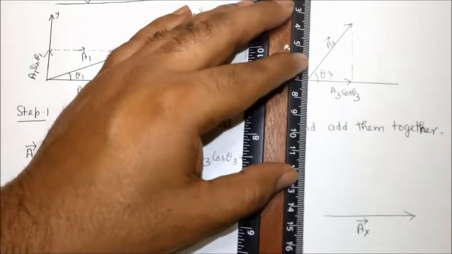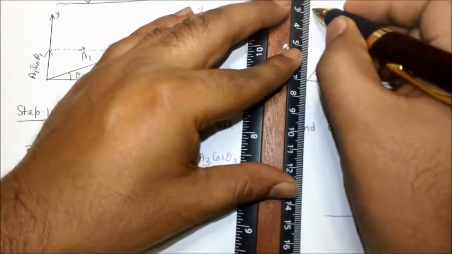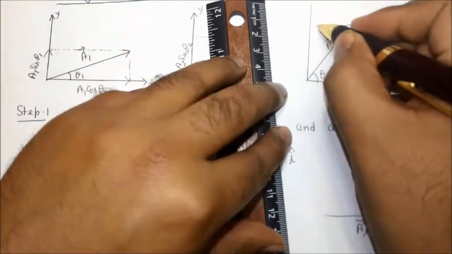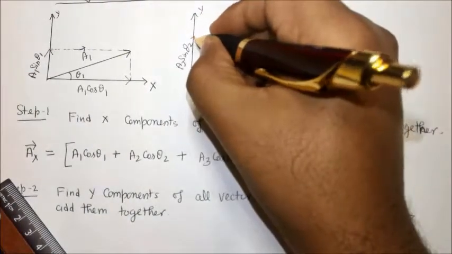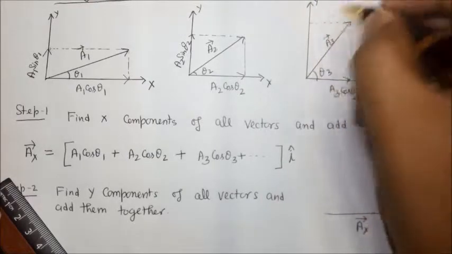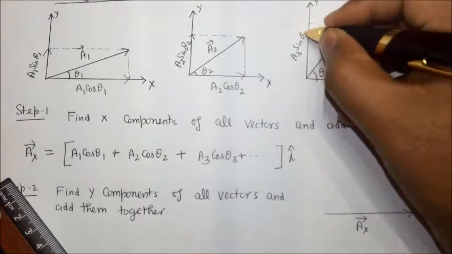If you project A3 along the y-axis, this is going to be A3 sine theta 3.